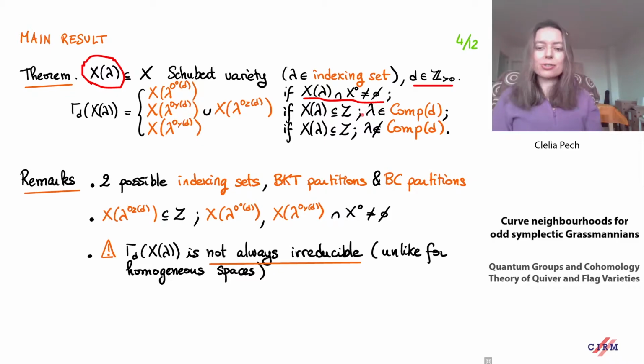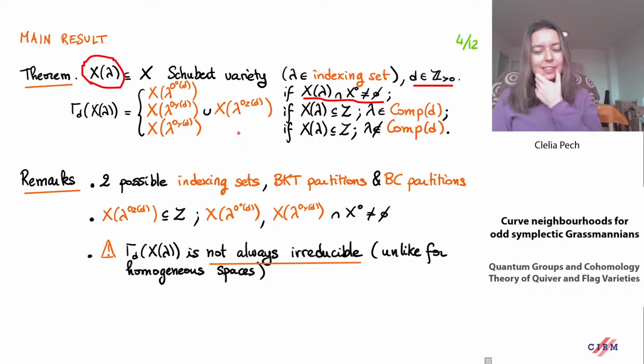And then if I take a Schubert variety of the closed orbit, I have 2 possibilities. It could be that I have 2 components, or I have 1. So for d equals 1, this was already established by Ryan Shifler and Leonardo Mihalcea.